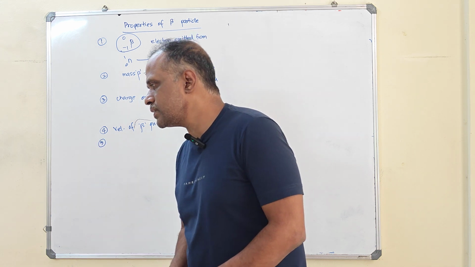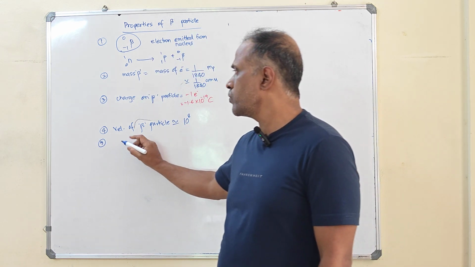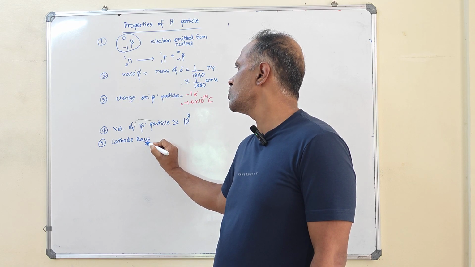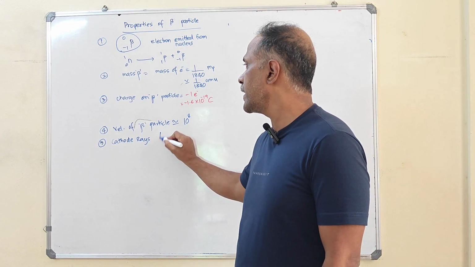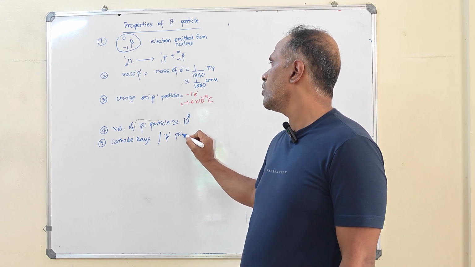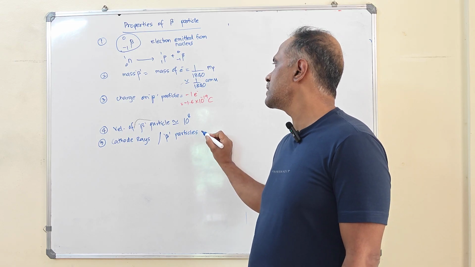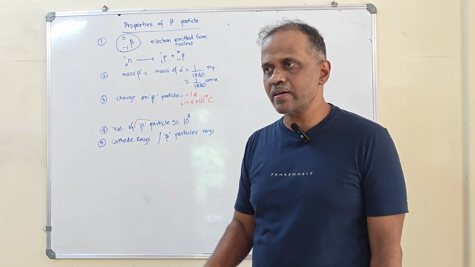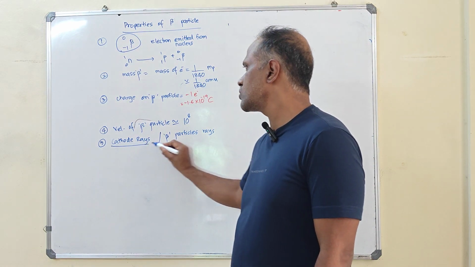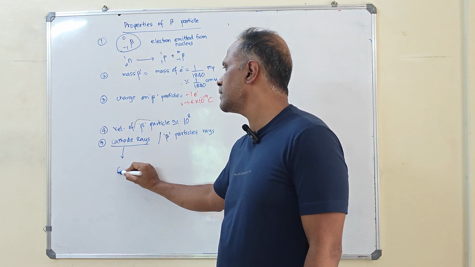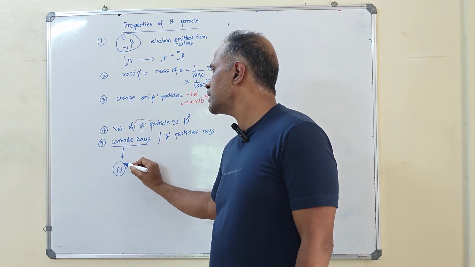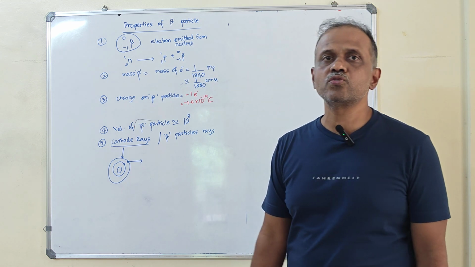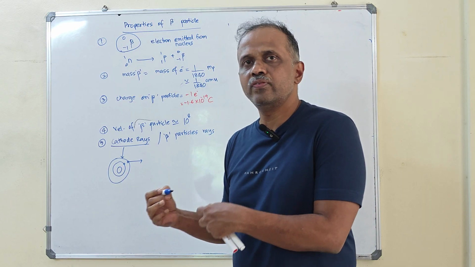Now you will ask, sir, we had studied cathode rays. Cathode rays were also rays of electrons, and these beta particles or beta radiation are also fast moving electrons. See, cathode rays are electrons dislodged from the orbital of an atom.